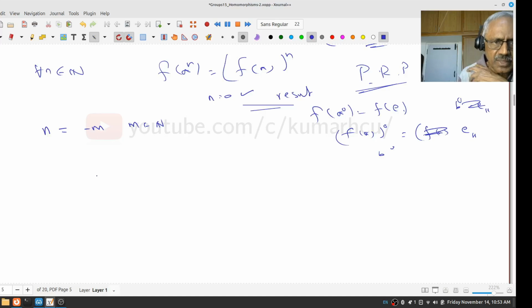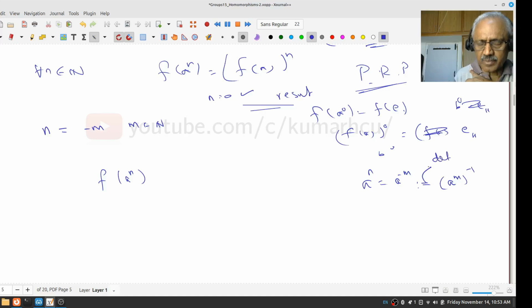Now I want to look at what is f of a power n. Remember this object, a power n, which is a power minus m. What is our definition of this? It is a power m inverse, by definition. I hope all of you remember the law of exponents; in a monoid we proved this result. Therefore this is f of a power m, inverse.